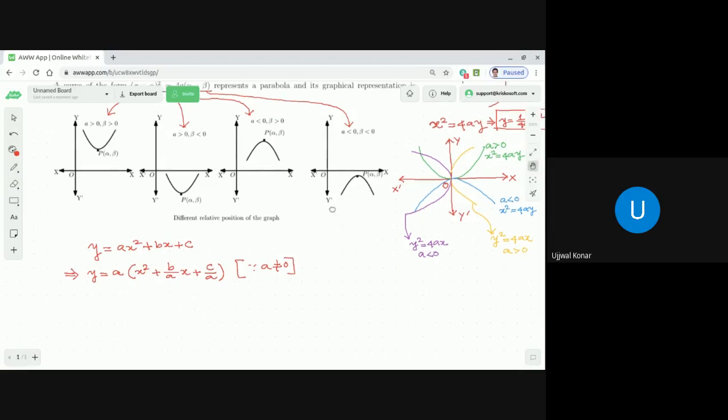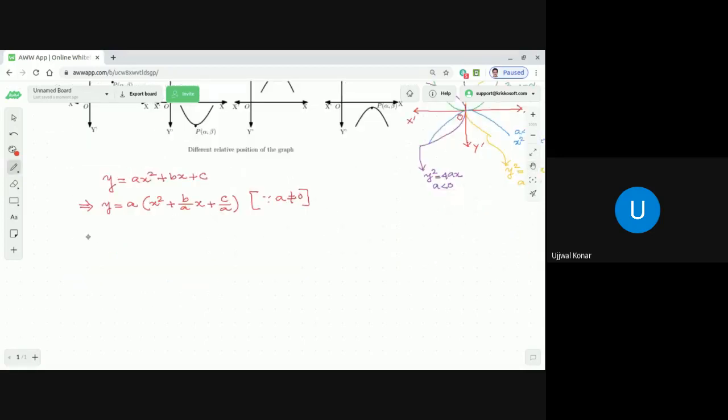So then what we can do is write y is equal to a times x square plus 2 into x into b by 2a plus (b by 2a) whole square plus c by a minus (b by 2a) whole square.